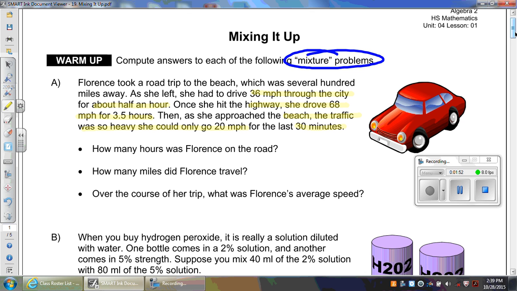So let's see if we can answer the first question. How many hours was Florence on the road? 4 hours and 30 minutes. Very good. And how do you calculate that?